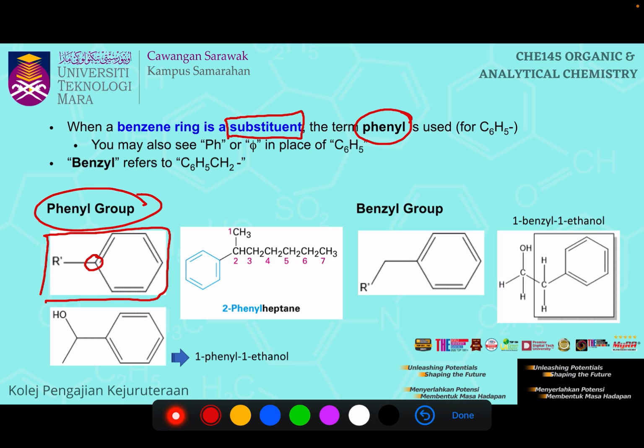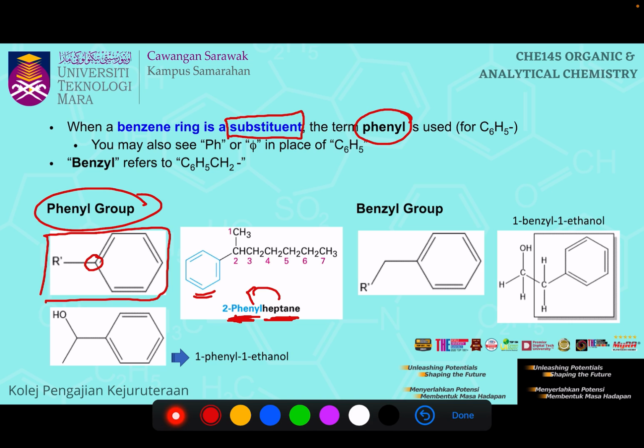In this case, we have phenylheptane. Why is the benzene ring the substituent, whereas heptane is the parent name? Heptane has more carbons as compared to the benzene ring, so that's why heptane takes the parent name.